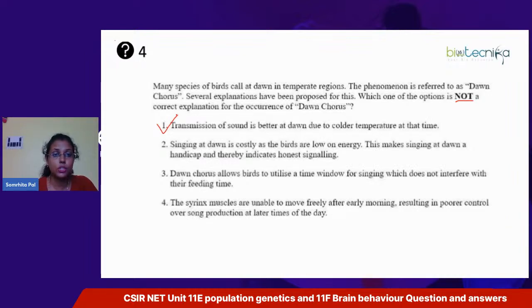Now what about statement 2? Singing at dawn is costly as the birds are low on energy. This makes singing at dawn a handicap, thereby indicating honest signaling.